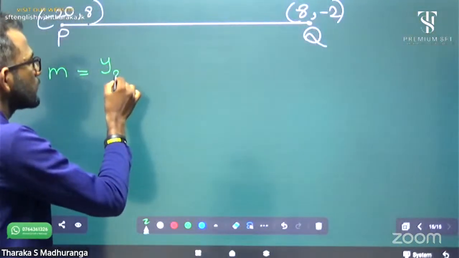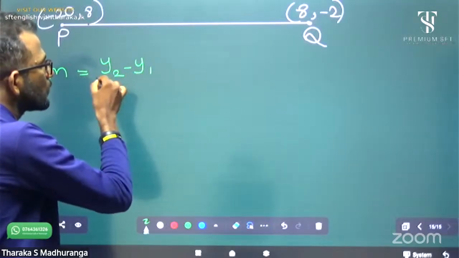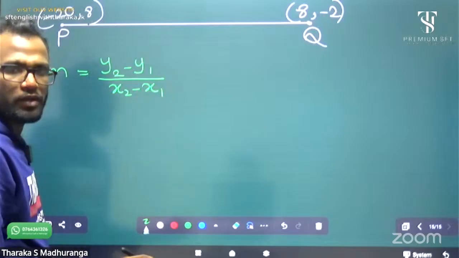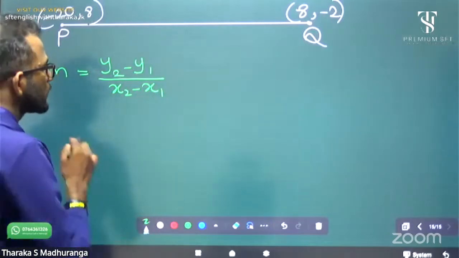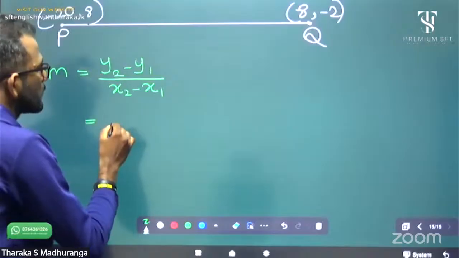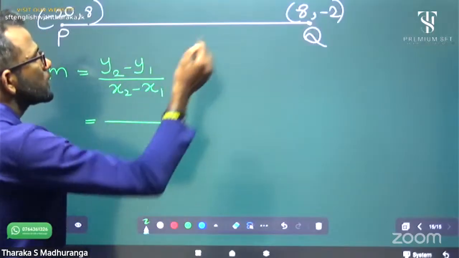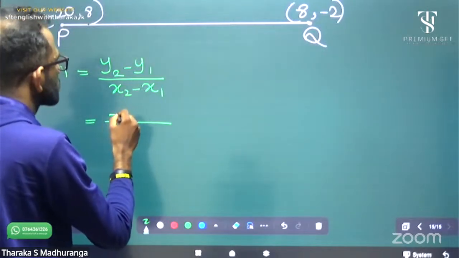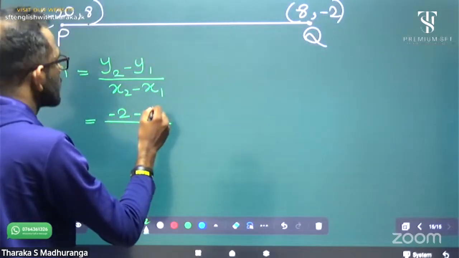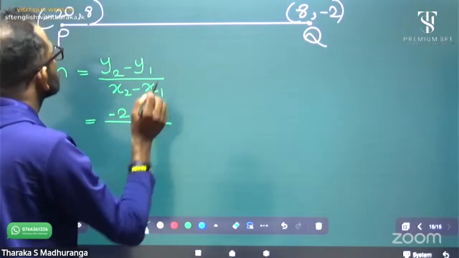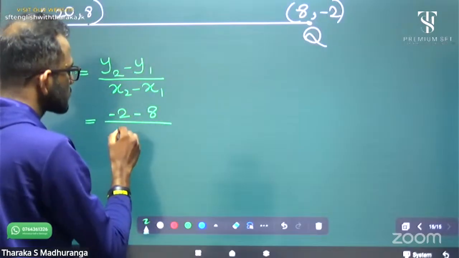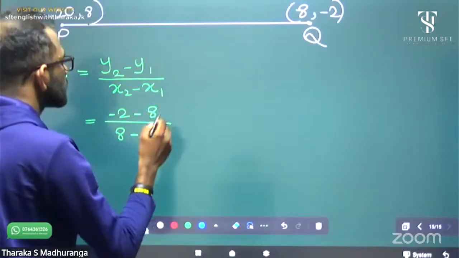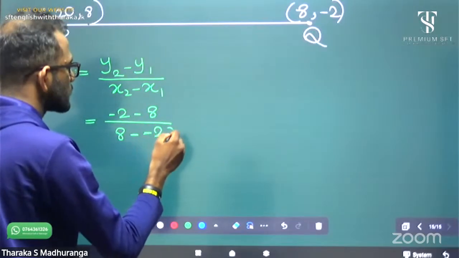Y2 minus y1 over x2 minus x1. Y coordinate difference: minus 2 minus 8, divided by the x coordinate difference: 8 minus minus 12. Sorry, minus 20.